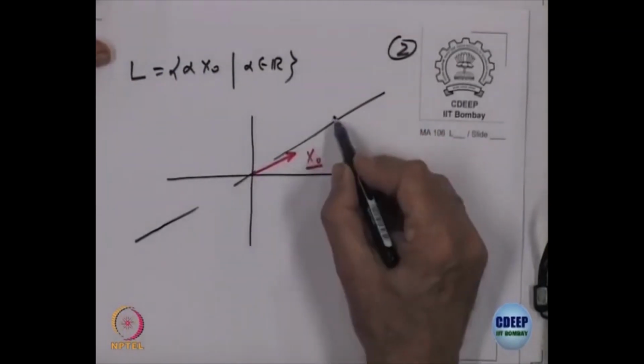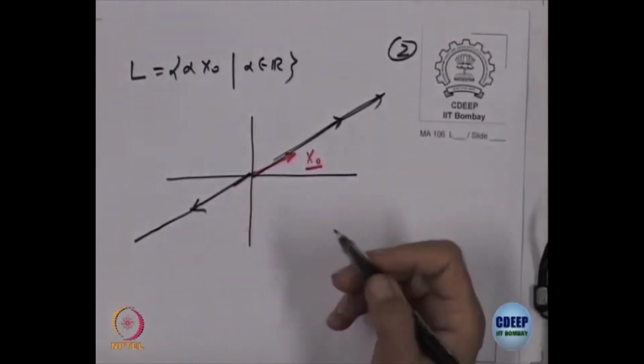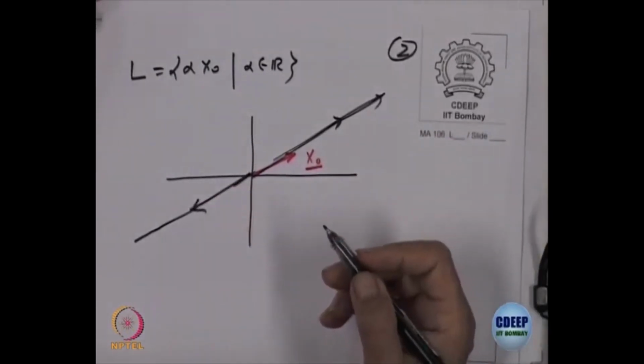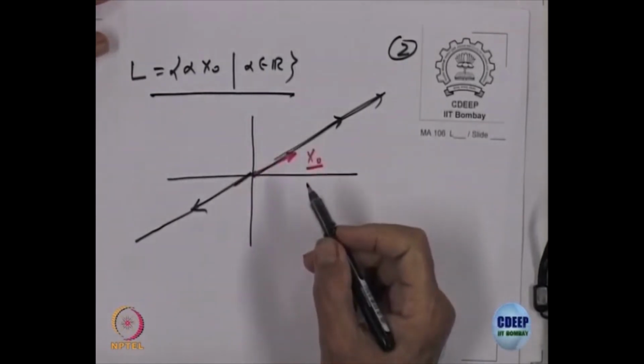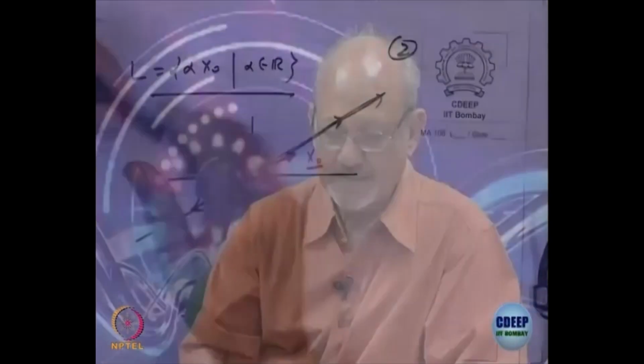The vector could be anywhere from here to here, depending on whether alpha is positive or negative. So, what is this? This is a line through the origin in R2. Is that okay? This is a line through the origin, and that is a vector space.